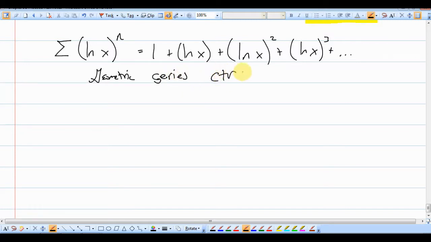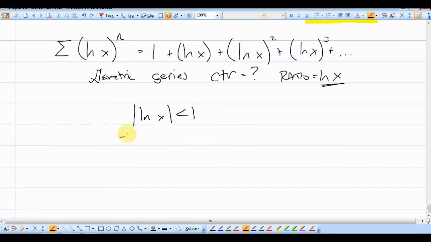The center is, well, I don't know what the center is, but I know the ratio is equal to the natural log of x, which is a little different than the stuff we've been working on. That's not polynomial in nature anymore. So you have to treat it a little differently. So we know the absolute value of the natural log of x needs to be less than 1 for convergence because we have a geometric series.